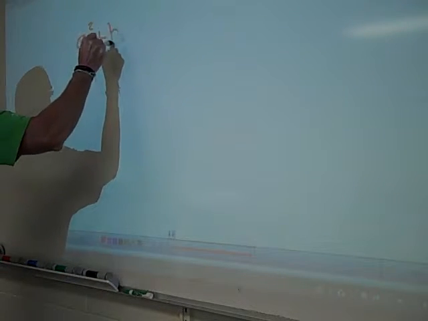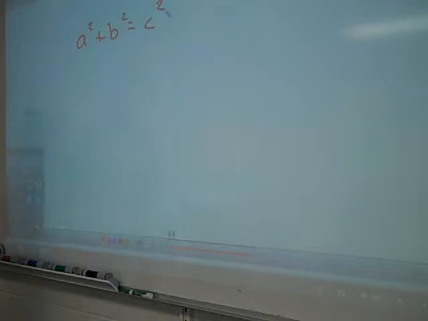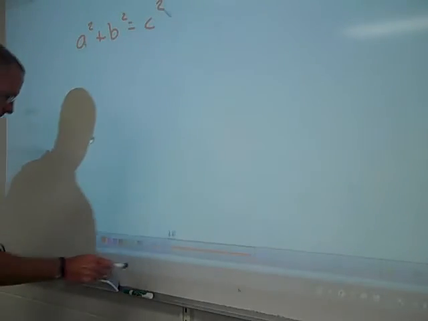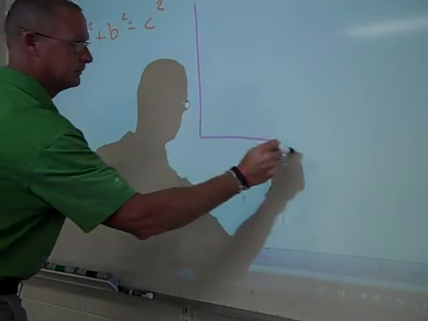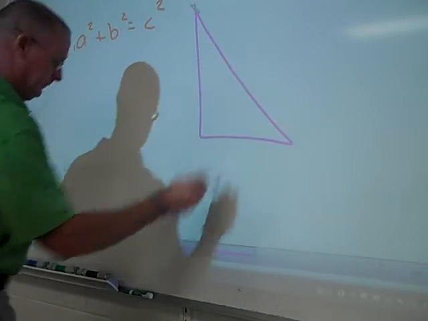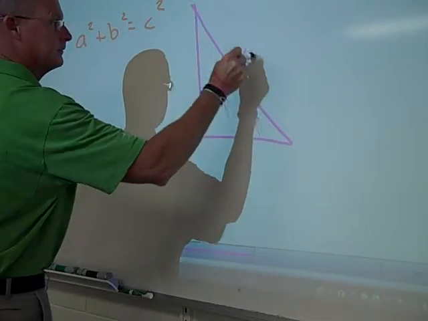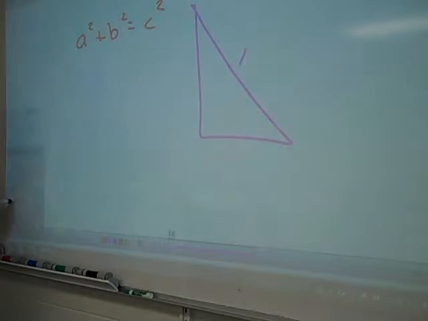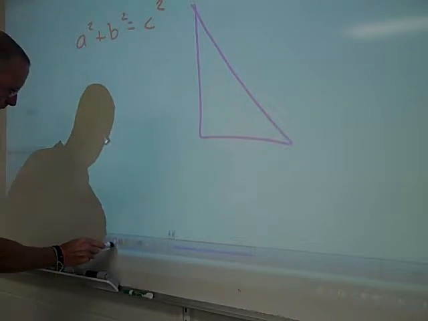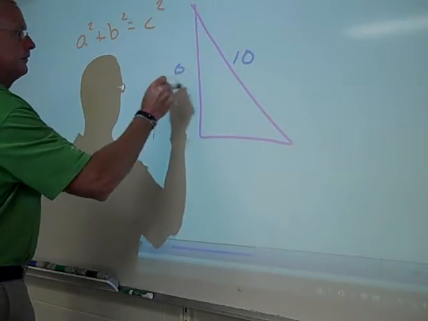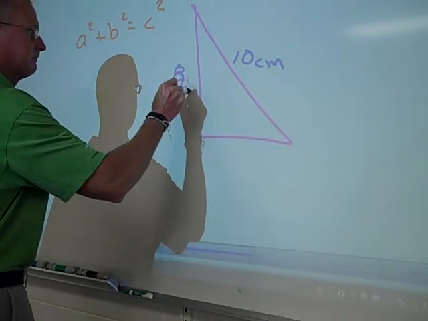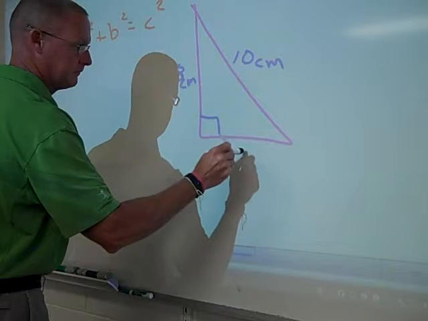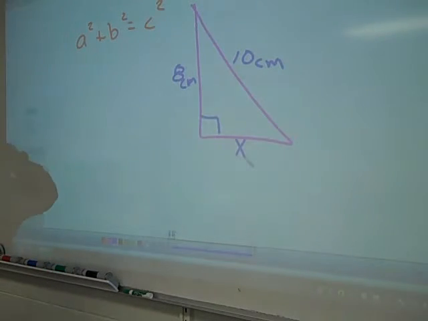A squared plus B squared equals C squared. We need to find that distance right there.